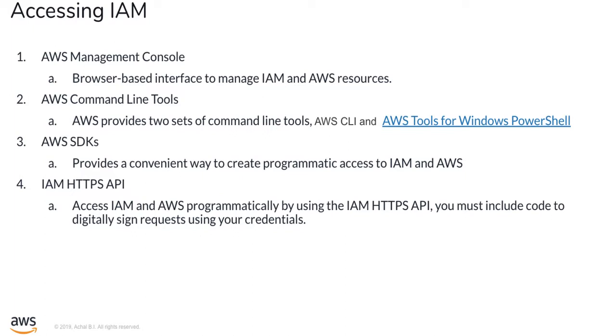AWS provides AWS CLI, and there is also AWS Tools for Windows PowerShell. And you can also access programmatically through the AWS SDK. This is also a convenient way to access your AWS resources.